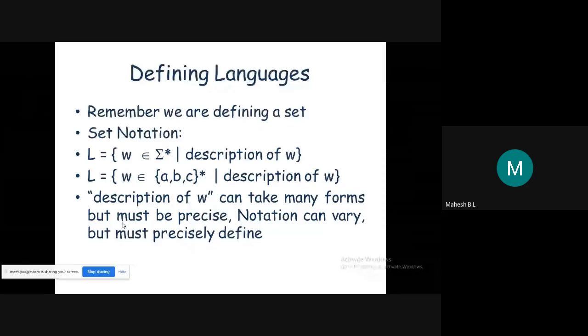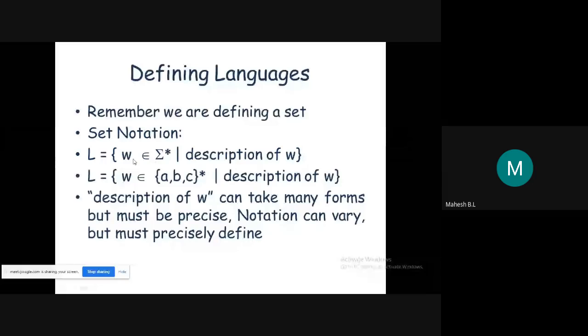Then defining languages. How to define a language? So, set notation. There are many ways to define a language; this is one approach. Language L is equal to w belongs to sigma star. So now you know what is sigma star. Sigma star is nothing but a language, the set of all the strings which can be formed using the alphabet sigma.